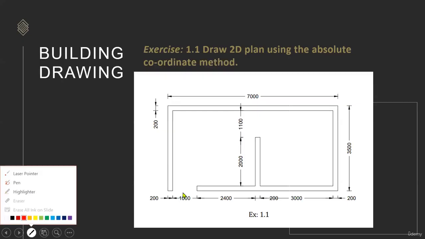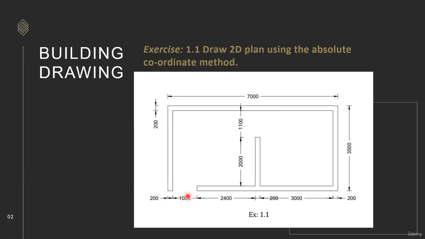So the first point, lower left corner. What is the lower left corner? That is this point. You can consider it 0 comma 0. From here we can consider 0 comma 0.